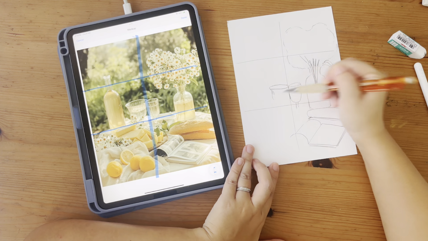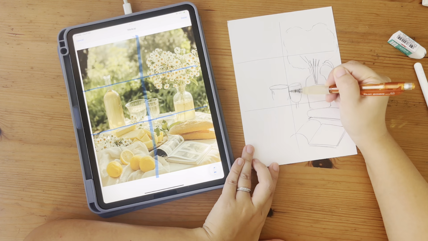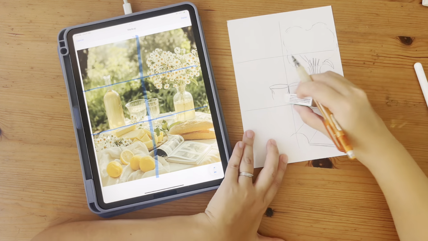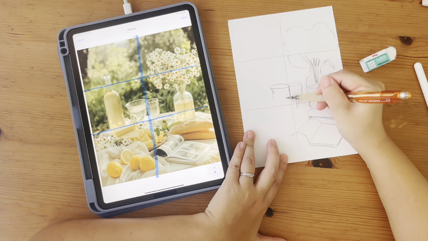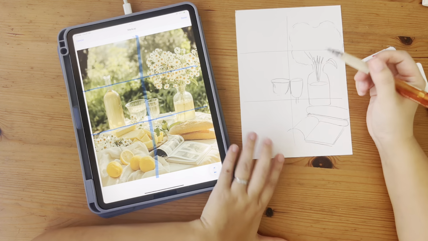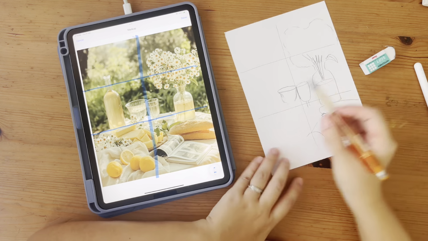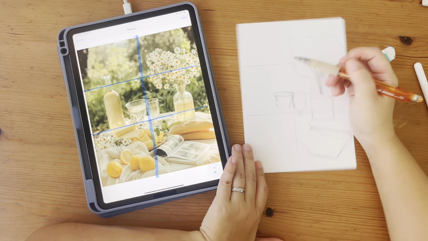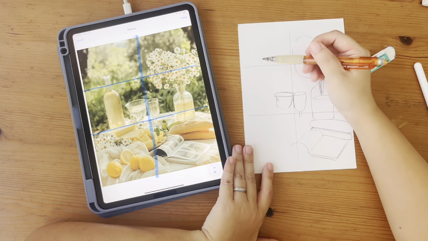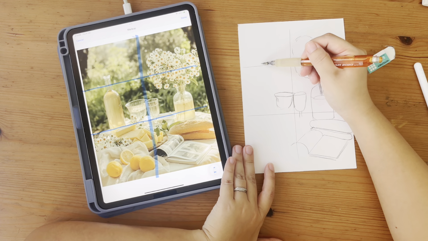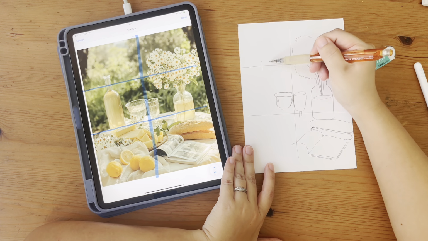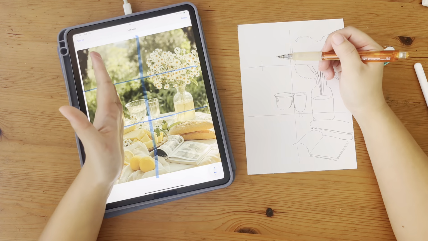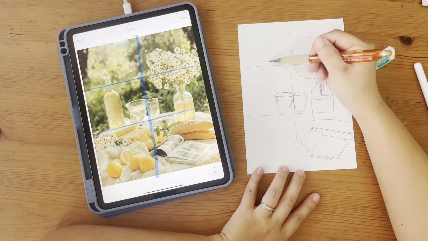Curves in. Yep, so thereabouts. Next to it we have a tall wine bottle. This is around center of that grid.